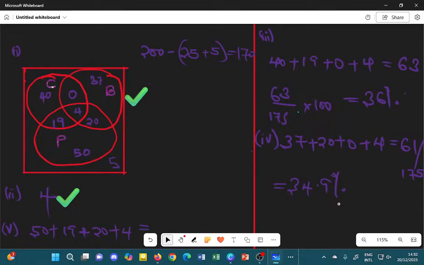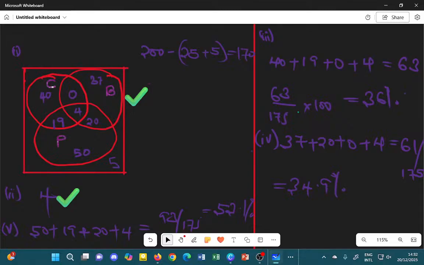So if you sum this, you get 69, 89, 93. So we get 93 over 175. And that gives us a percentage of about 53.1%. That's the answer.